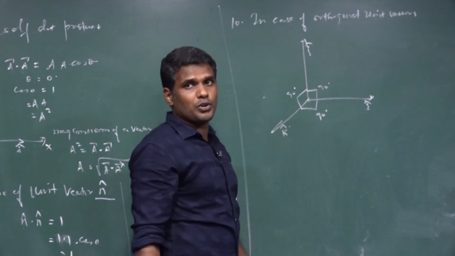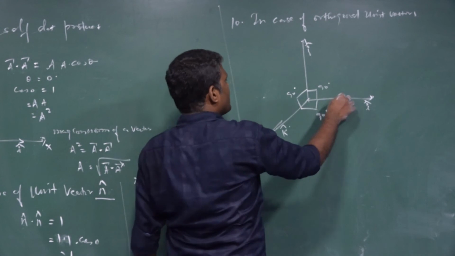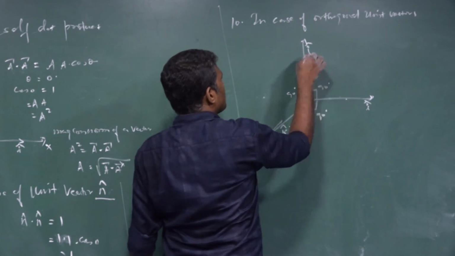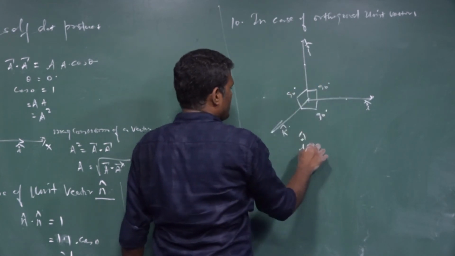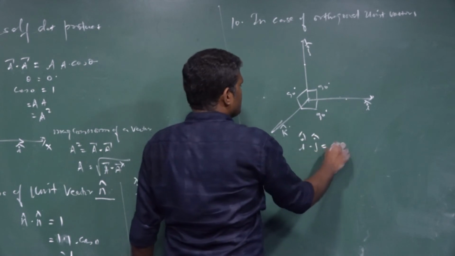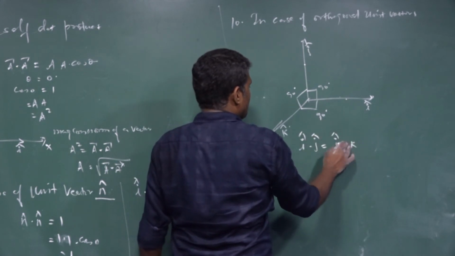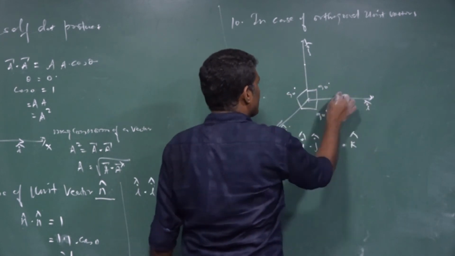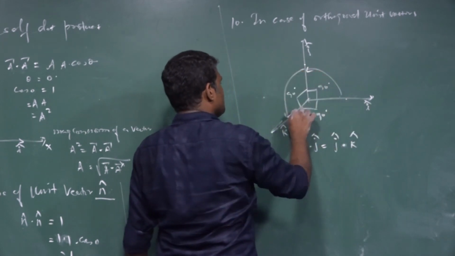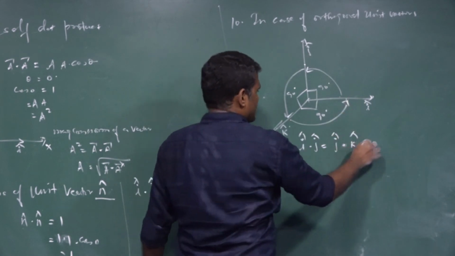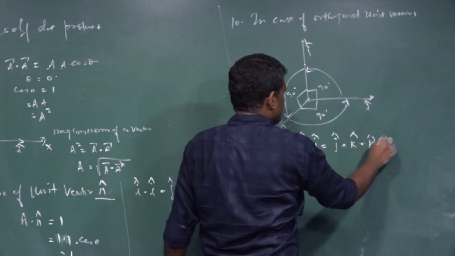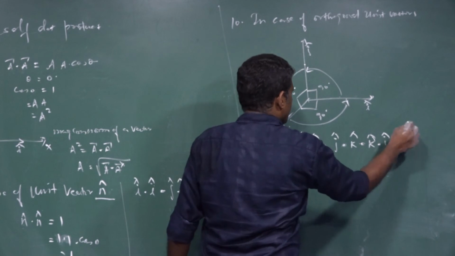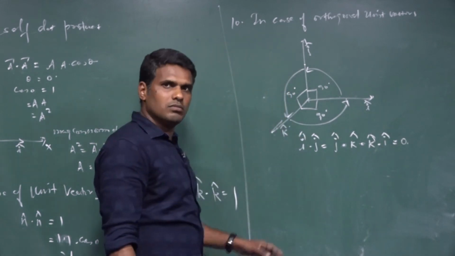In the case of orthogonal unit vectors, which means if you take a dot product of i vector with the j vector, j vector with the k vector, then k vector with i vector, I can show it like this. In this case, the dot product has a value equal to 0.